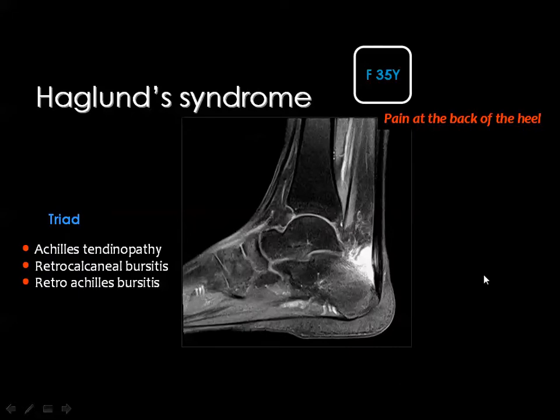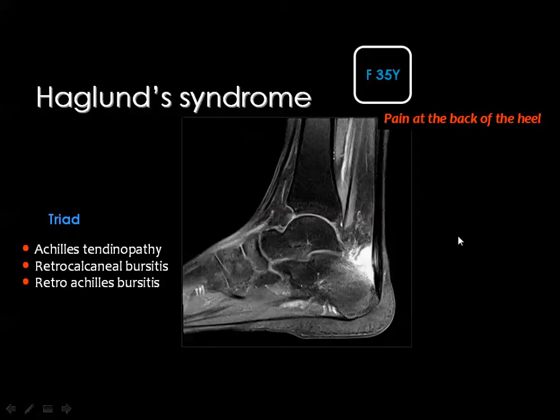Then if you get this triad, which means there is Achilles tendinopathy or tendon degeneration, retrocalcanean bursitis, inflammation of the retrocalcanean bursa, and inflammation of the subcutaneous tissues superficial to the Achilles tendon, this is known as Haglund syndrome.